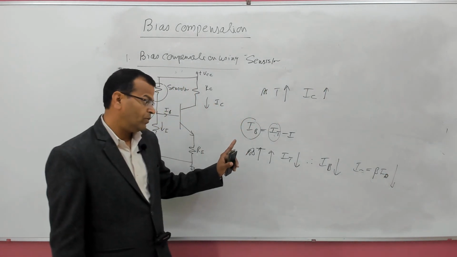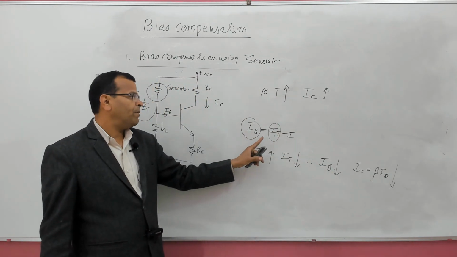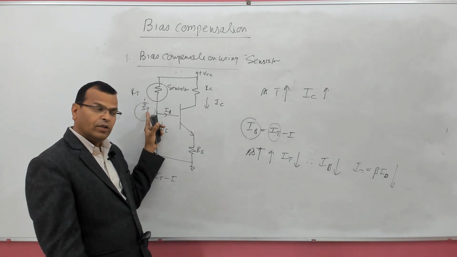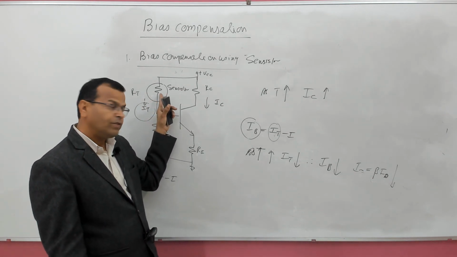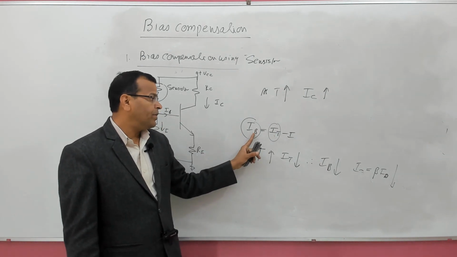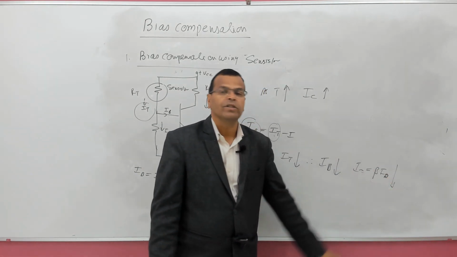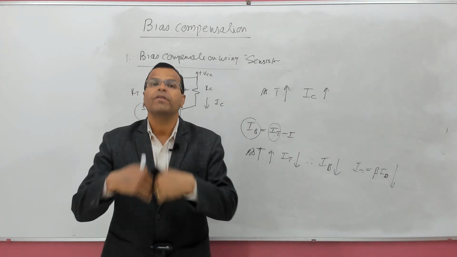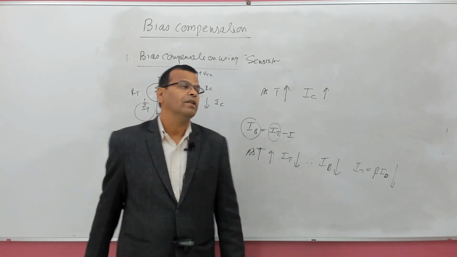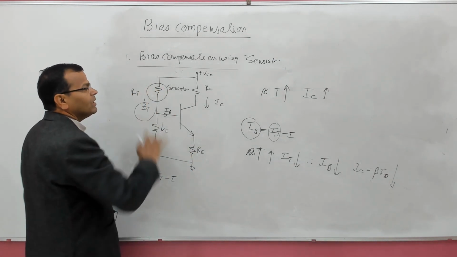What I mean to say is, when temperature increases, IC will try to increase, but the resistance of transistor increases, current through the transistor decreases, IB decreases. IB decreases means IC, which is a function of IB, decreases. So, the effect is nullified, compensated on collector current. This is the bias compensation using transistor.